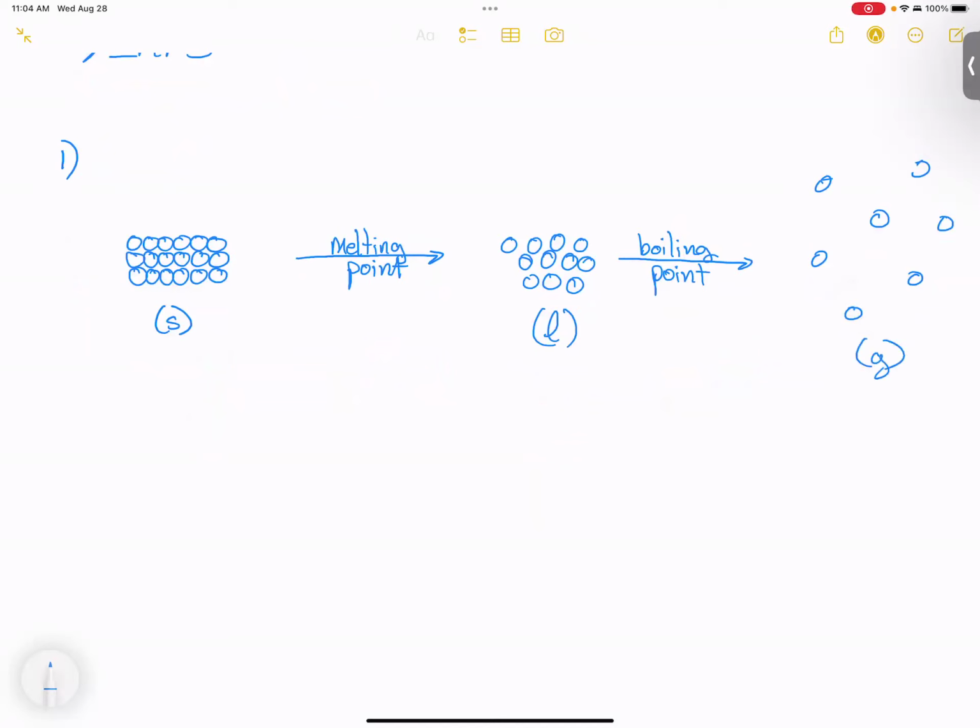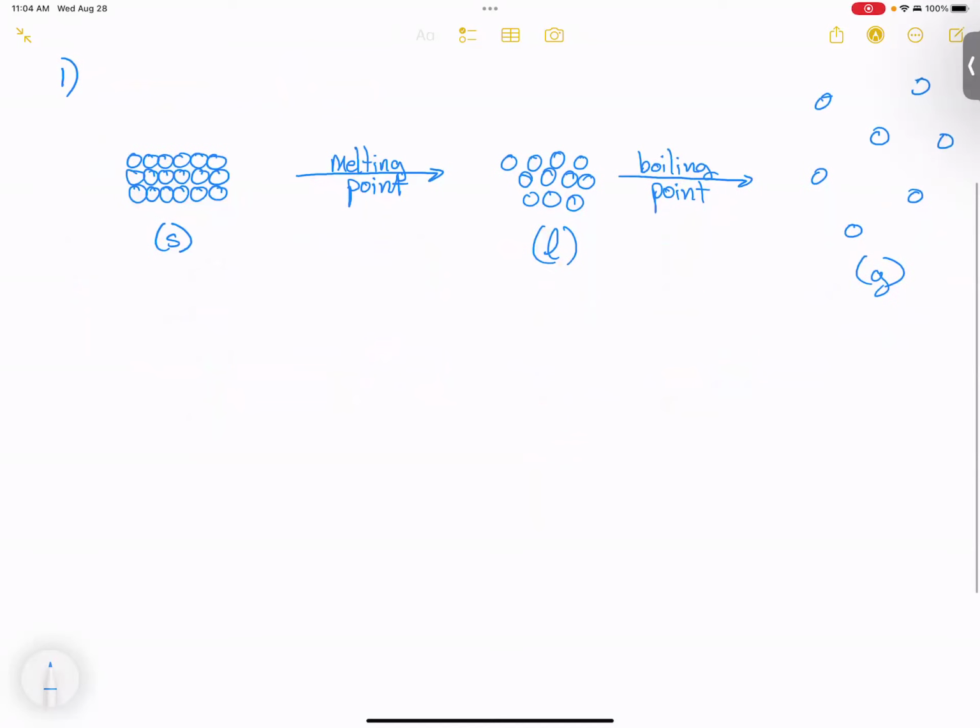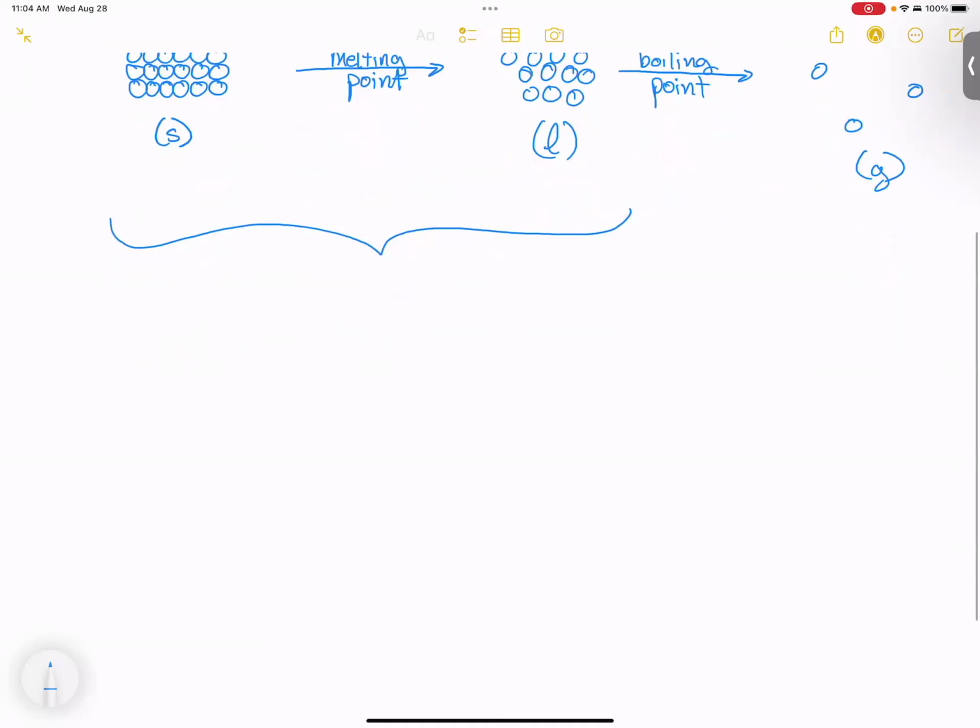Now, what we're going to focus the majority of our attention on today, however, is going to be these first two categories to some degree, and the intermolecular forces that are involved in those first two categories. Let's just start with ionic compounds.